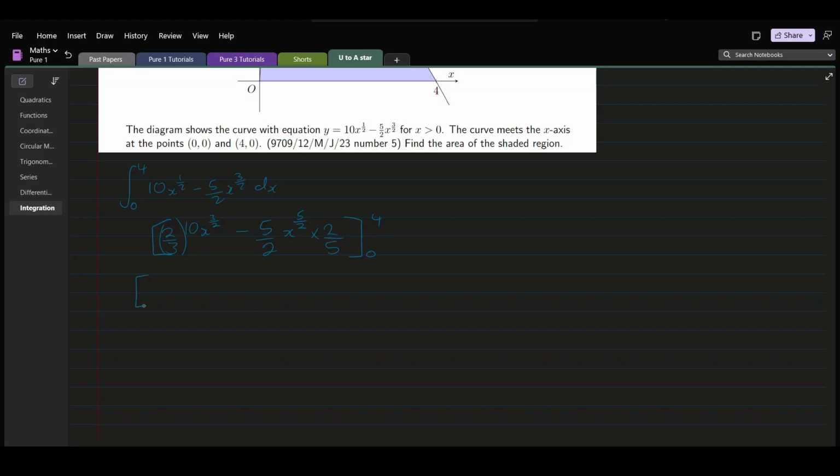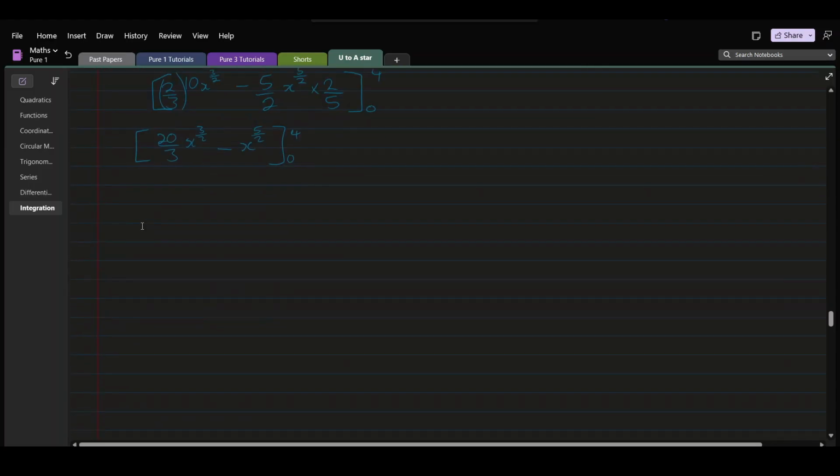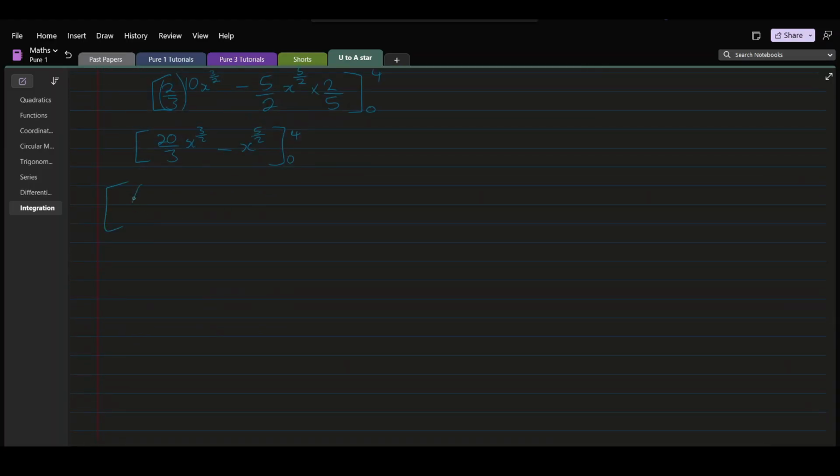Now let's simplify this. We've got 2/3 times 10. So that's 20 over 3 x to the 3 over 2 minus 5 over 2 times 2 over 5. You get negative x to the 5 over 2, and our limits are from 0 to 4. Let's substitute in our limits. That's 20 over 3, substitute x with 4 to the power 3 over 2, minus 4 to the power 5 over 2.